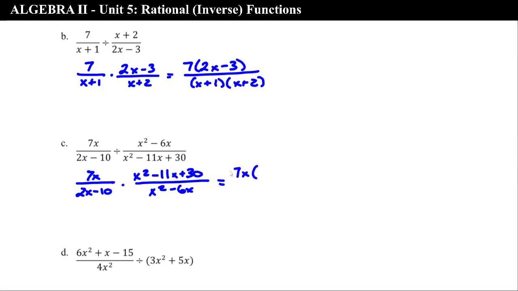This trinomial in the top of the second one is going to factor down into x minus 5 times x minus 6. All right, we've got 2x minus 10. We can pull a 2 out, which gives us 2 times x minus 5. And then x squared minus 6x, we can pull an x out, and that leaves us with x minus 6.